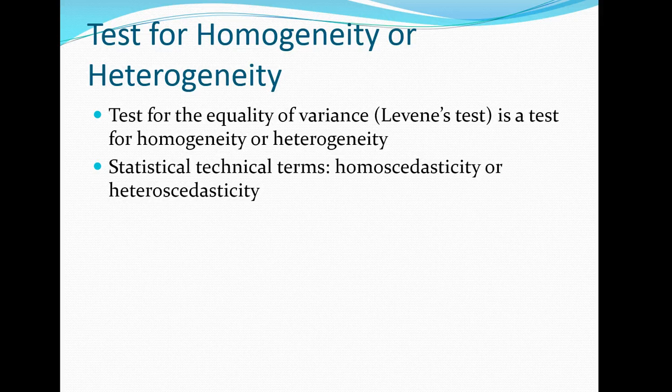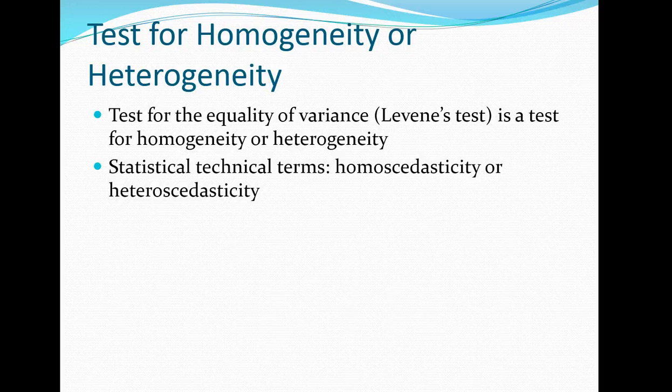So the F-test is the test for homogeneity or heterogeneity. It tests for the equality of the variance. In SPSS, they call it Levene's test. In some software, they call it just the F-test, and you will see the value of the F-test.